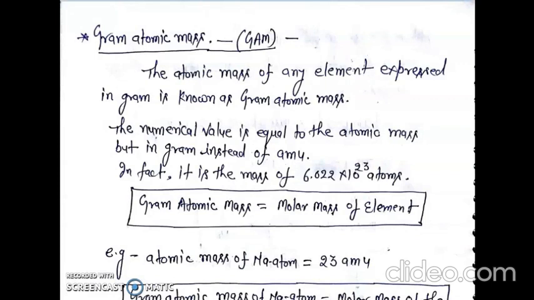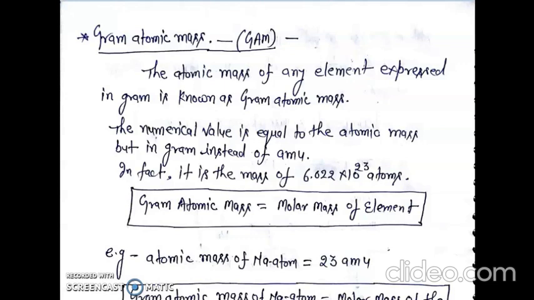Gram atomic mass. The atomic mass of any element expressed in gram is known as gram atomic mass. The numerical value is equal to the atomic mass, but in gram instead of AMU.